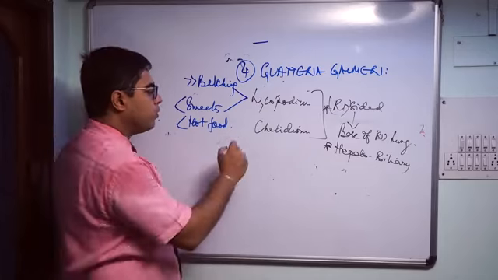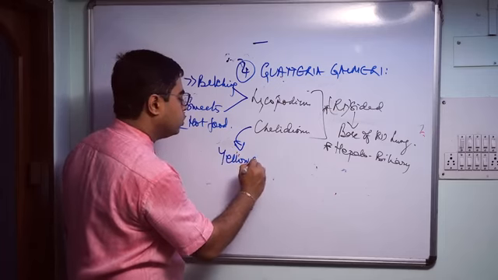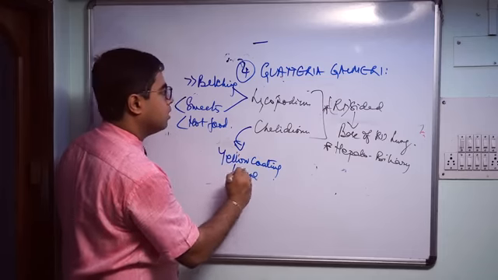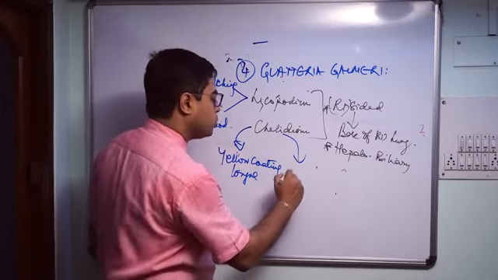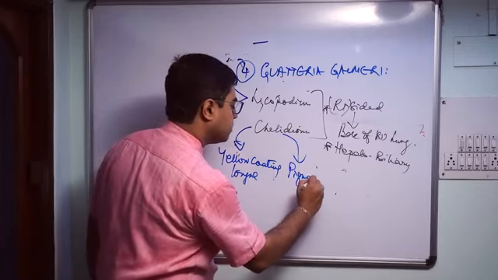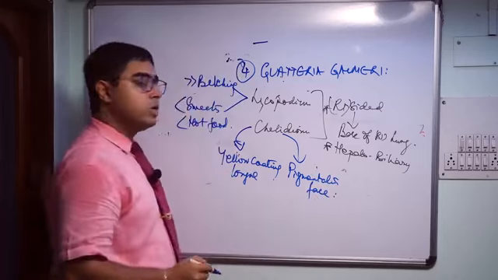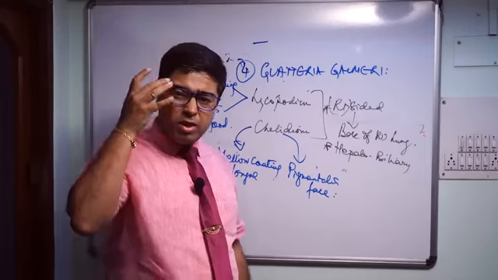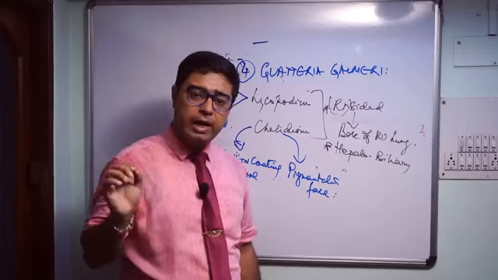Now with Chelidonium, you can find always a yellow coating on the tongue. So does Guateria have a yellow coating on the tongue. Chelidonium has a lot of liver spots, so pigmentation on the face. Guateria also has a lot of pigmented spots on the face. Remember, Chelidonium works really well when you have liver spots, lots of dark brown spots on the cheeks, forehead, and Chelidonium can clear that.